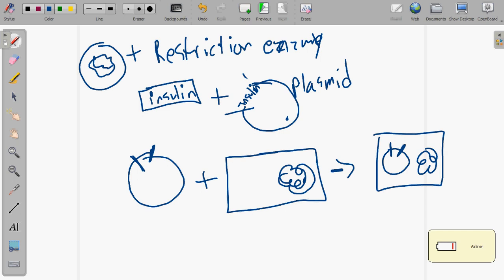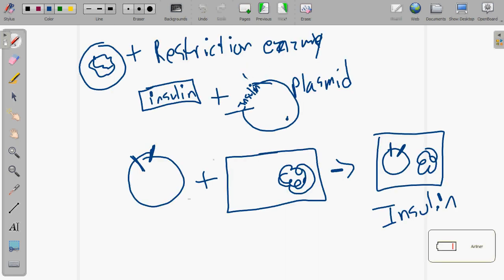And so what happens now is this bacteria cell is going to reproduce, and it's going to make insulin. It doesn't know why, but it's going to make insulin. Okay? And so then all we have to do is isolate the insulin, and we're good to go.